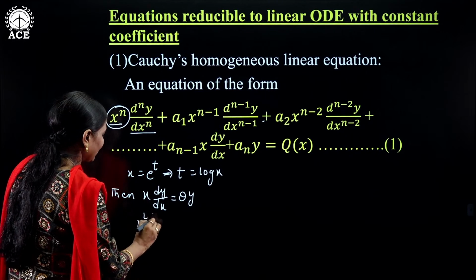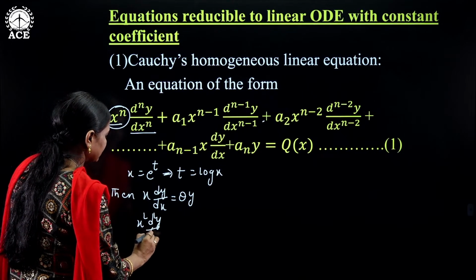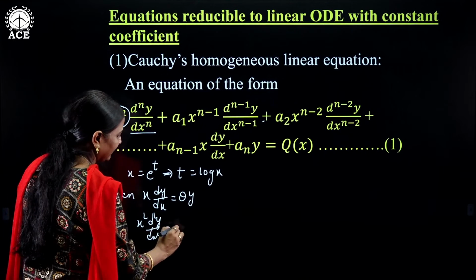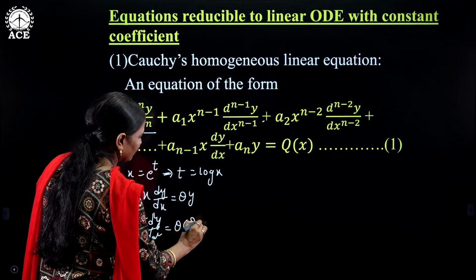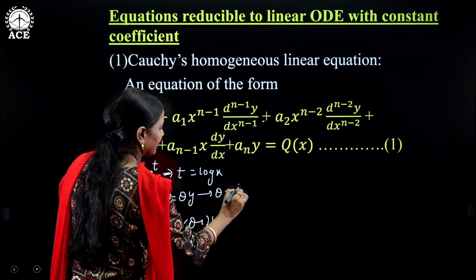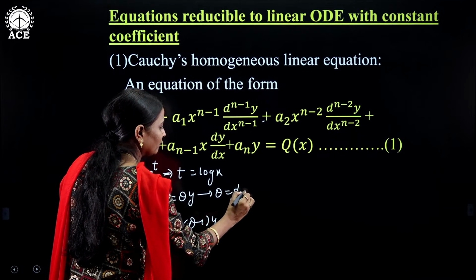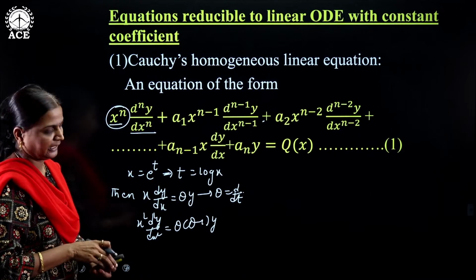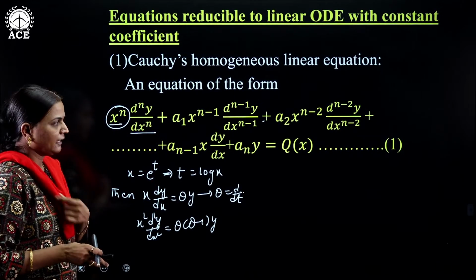And x square into d square y by dx square becomes theta into theta minus 1 into y. What is the theta here? Where theta is a differential operator but with the new independent variable t. So where theta is equal to d by dt.